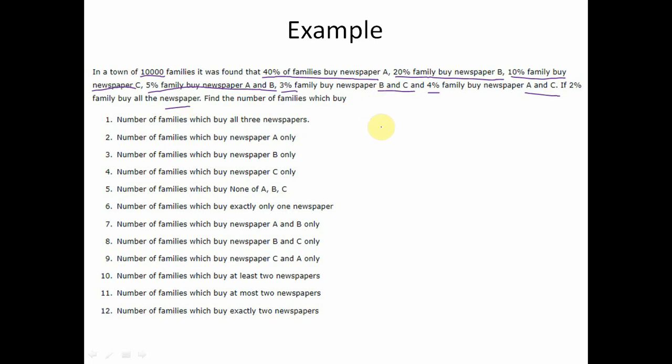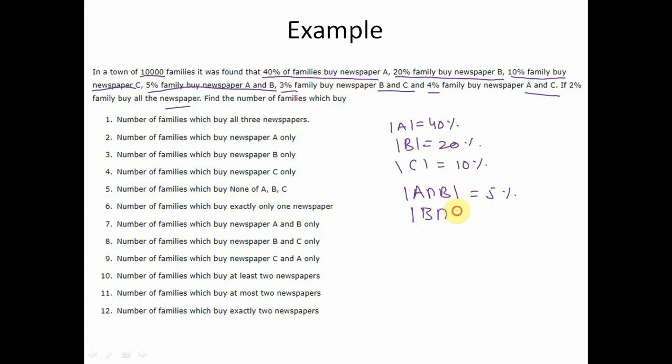Essentially, what is shown over here is the cardinality of set A is equal to 40%. 40% means 40% of 10,000. Cardinality of B has been given as 20%. Cardinality of C has been given as 10%. Cardinality of A and B is given as 5%.